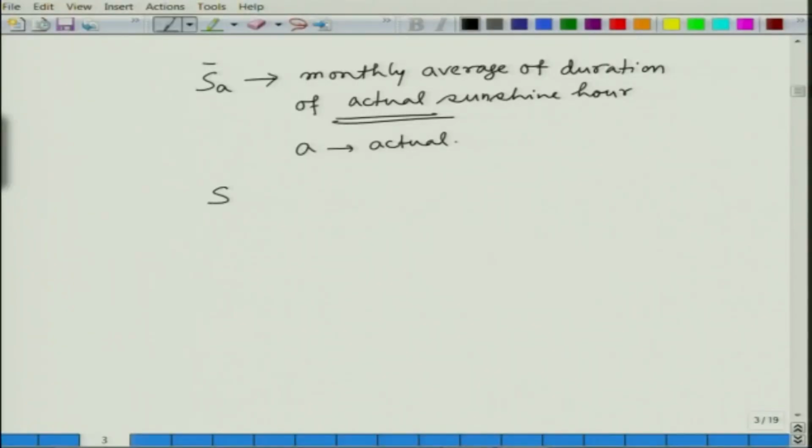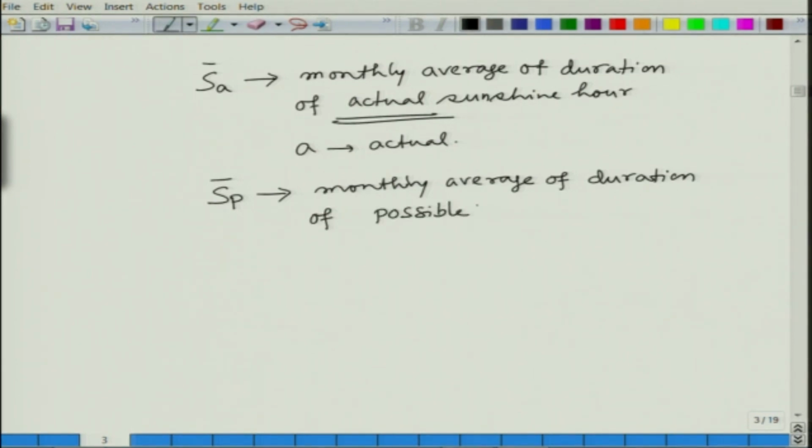Similarly, this SP bar stands for the monthly average of duration of possible sunshine hour.